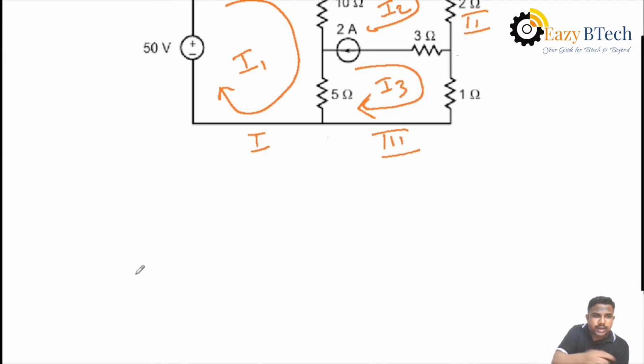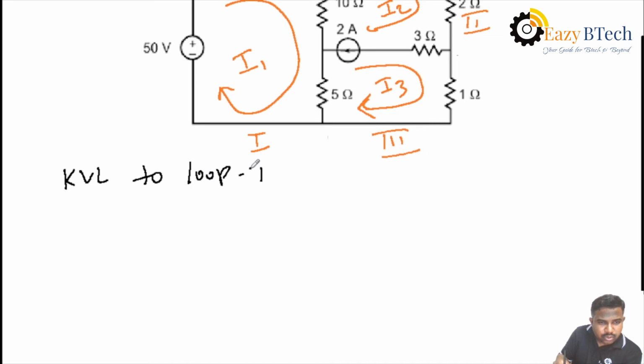Here I'm writing the equations directly. Apply KVL to loop 1. The loop current I1 is passing through 10 and 15, so the total drop is 15 I1.